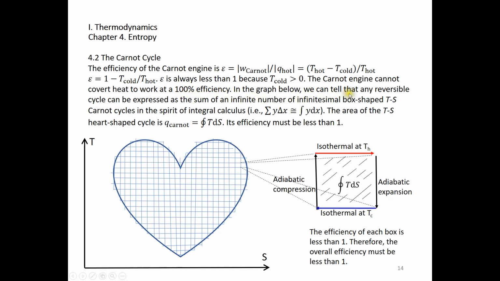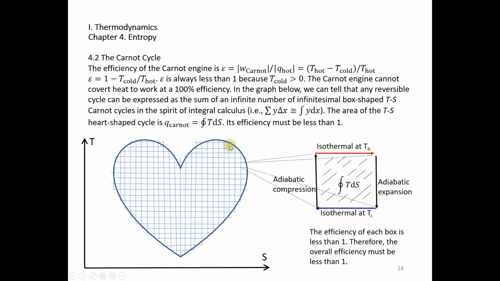And if we look at any other reversible cycle, we can actually express just any reversible cycle as the sum of an infinite number of infinitesimal box-shaped TS, temperature versus entropy, Carnot cycles.